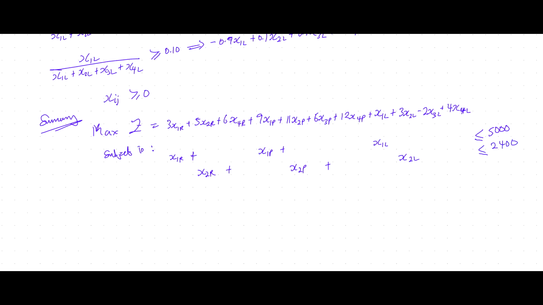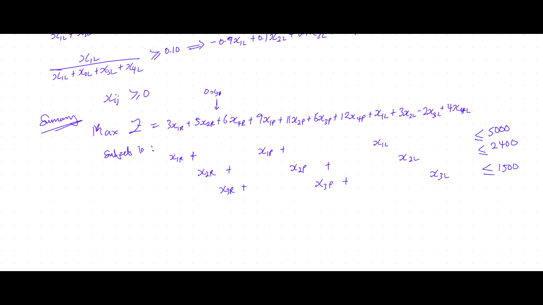Then the x here, x4l is 0 here, right? So to put it on the line is x4r plus x4p plus x4l is less than or equal to 1,500.